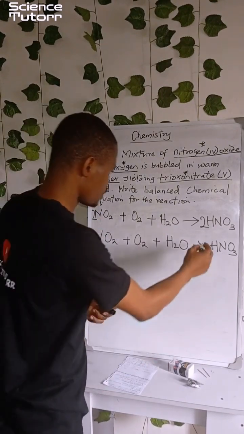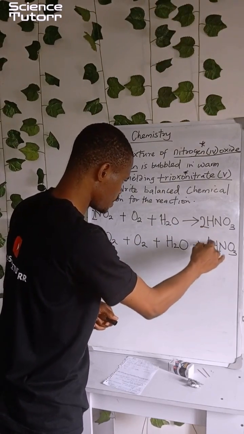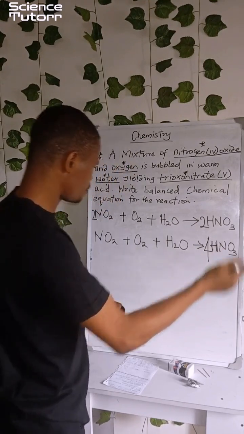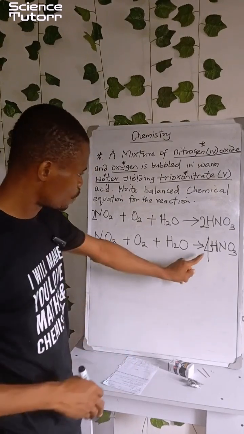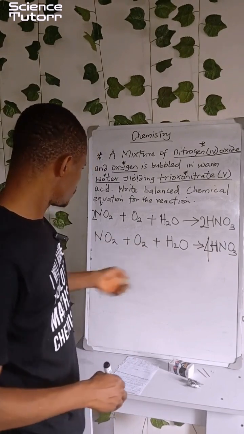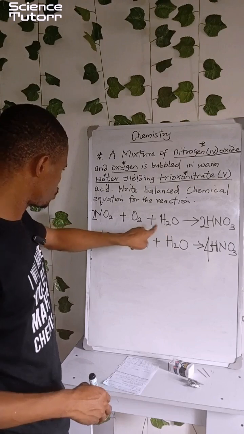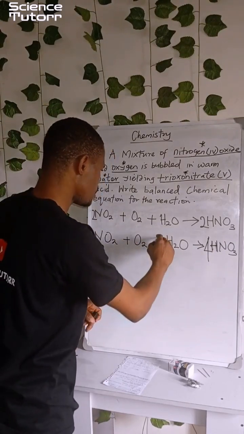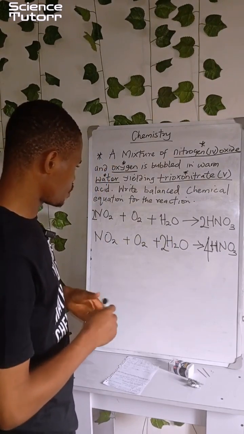So let's do this. Rather than using 2, let's use a 4. So 4 on the product side, and then let's do atom to atom count. Hydrogen is 4, 4H. Remember, we initially had just 2H here, 2 hydrogen. So in this case, since I have 4 hydrogen, permit me to put a 2 here. What does it mean?